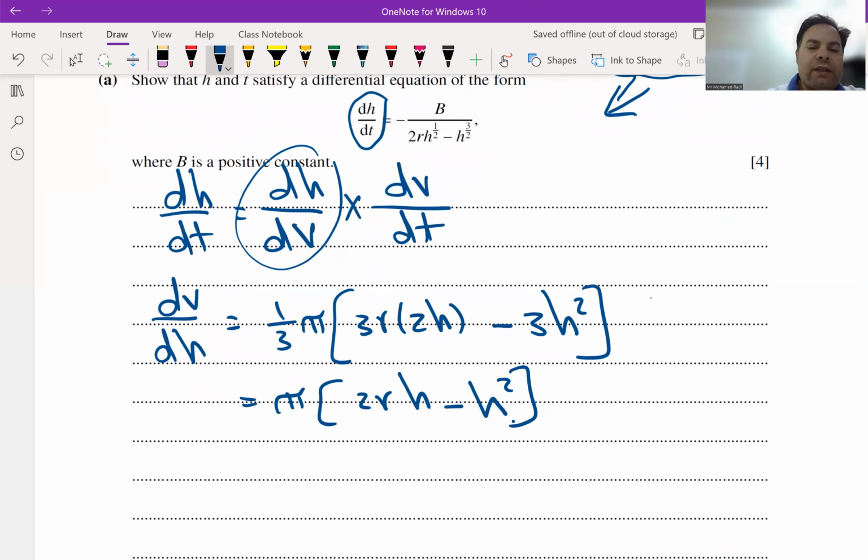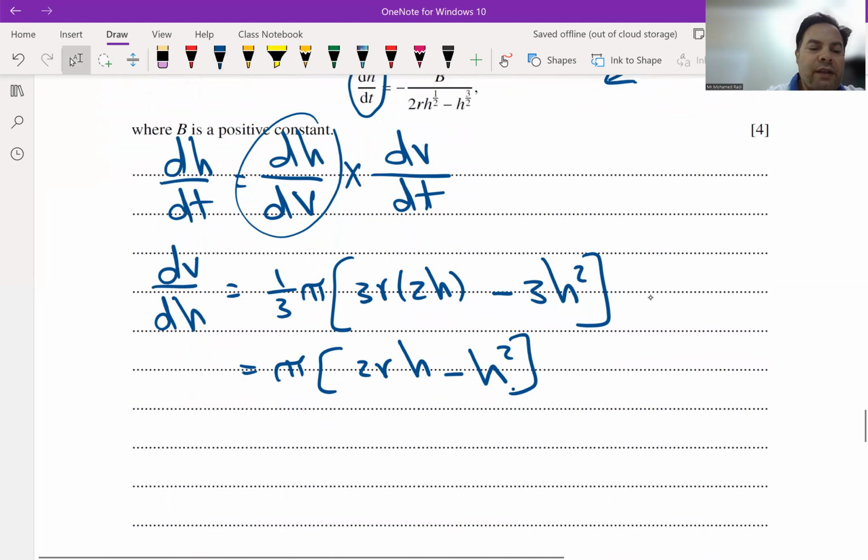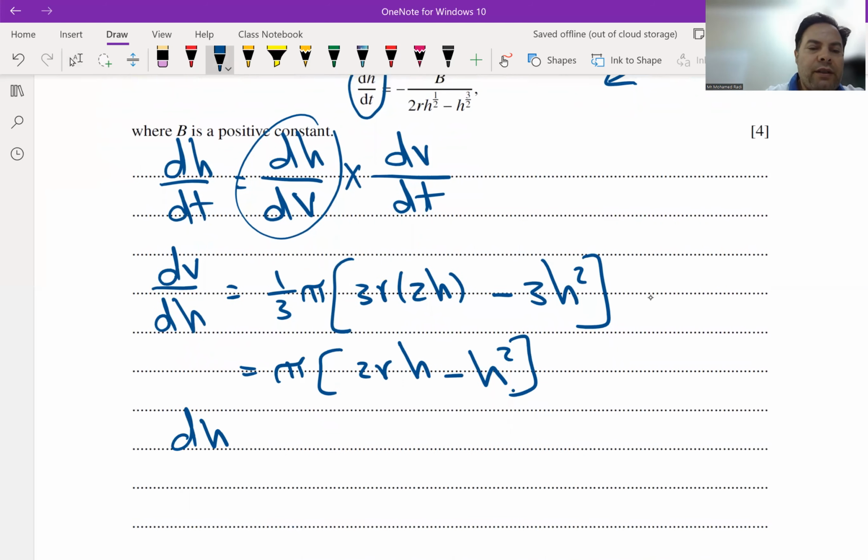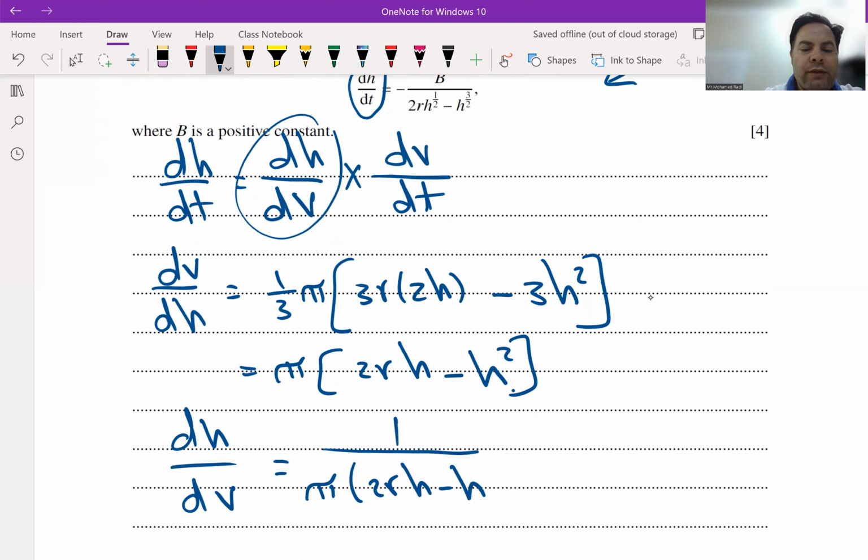So to get dh by dV, we write it like this: 1 over pi into 2rh minus h squared. So that is dh by dV.